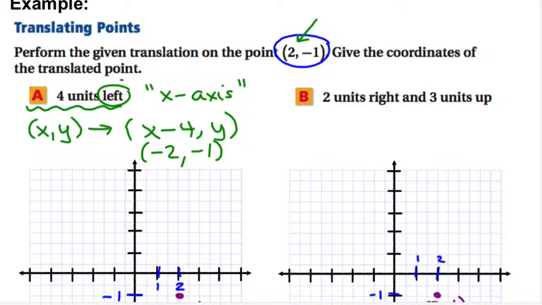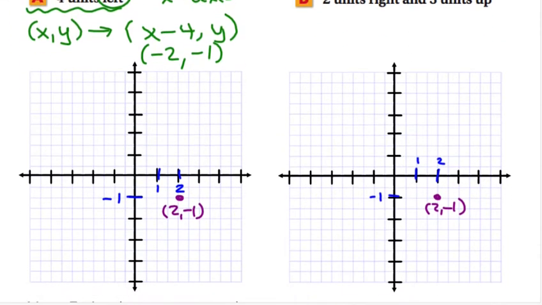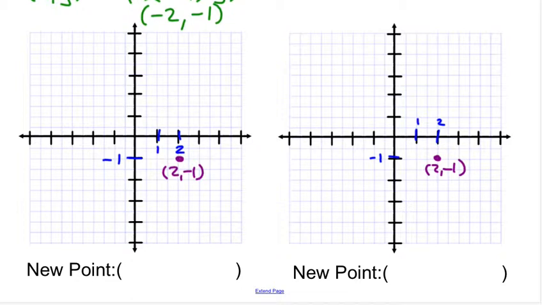Now let's check that. Let's go down and physically move our point 4 units to the left. So here would be 1 unit, here would be 2 units, here would be 3 units, here would be 4.